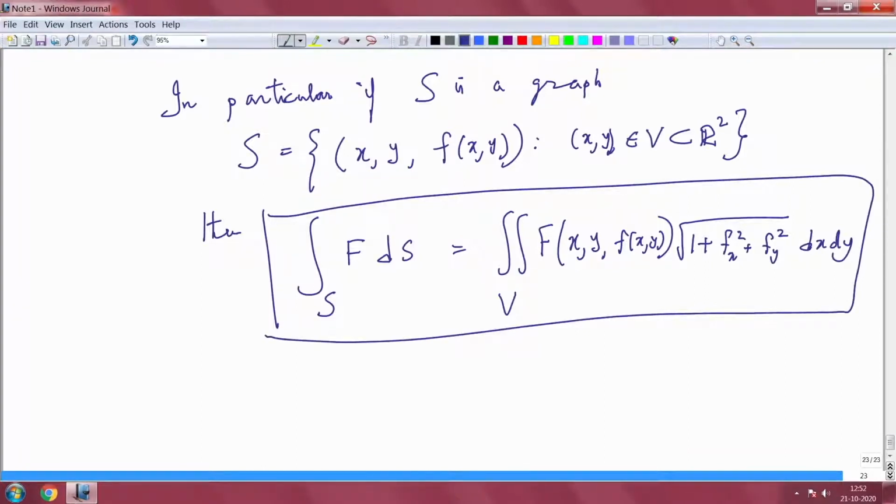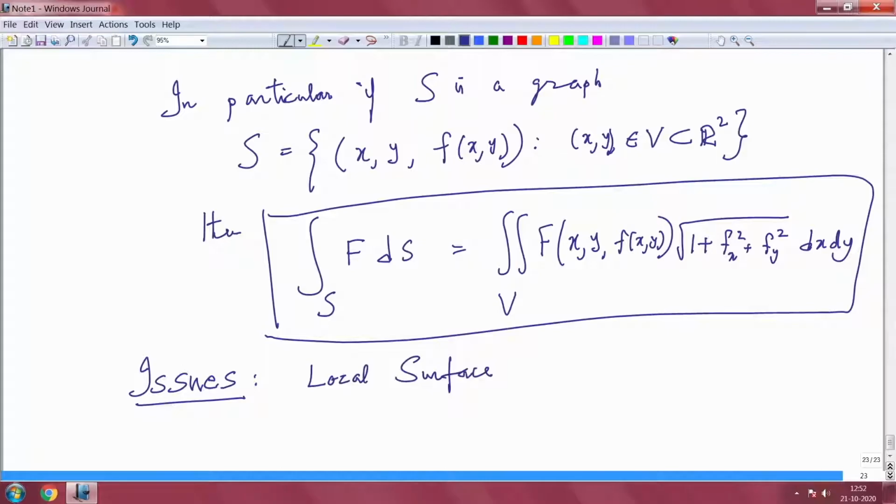There are many issues which I do not want to get into now. The problem is that you have to do it for local surfaces. I told you, you may not have a surface given in such a nice form.